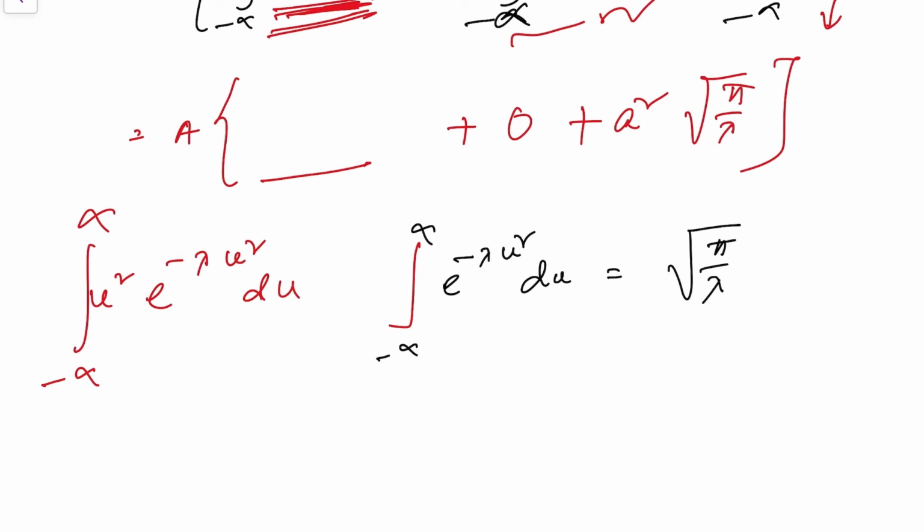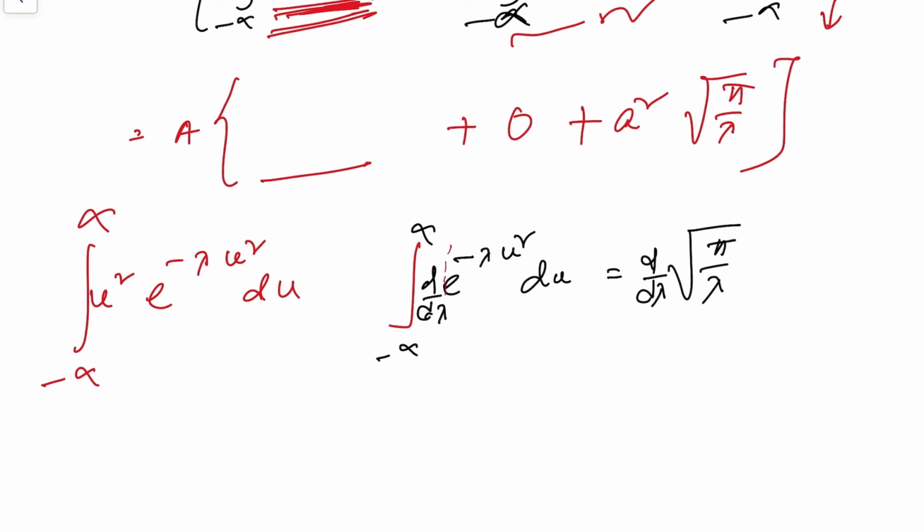We have already evaluated this earlier. So if you differentiate on both sides with respect to lambda, then what will happen?